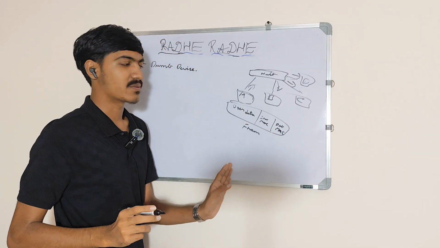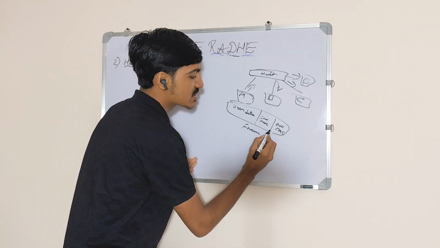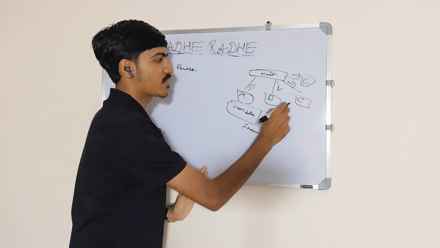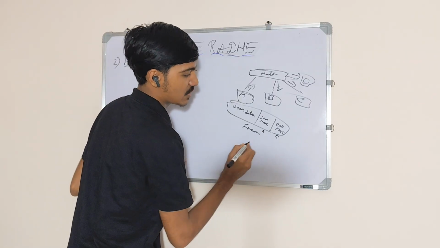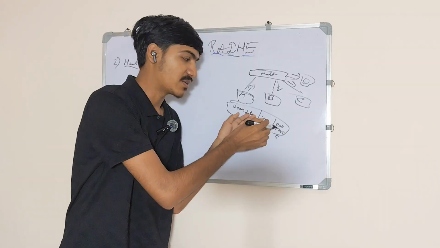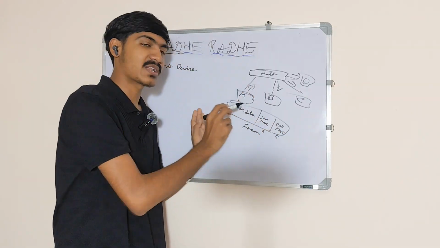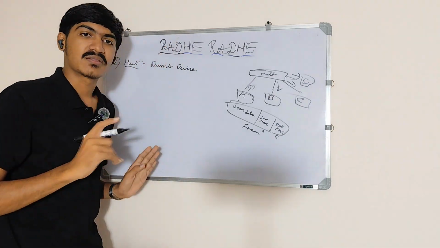The source MAC address is nothing but the actual physical address of A. The destination MAC address is nothing but the actual address of C. See here, address of A, address of C. Now the hub doesn't have access to all this. The hub will not go and see the MAC address in this frame.